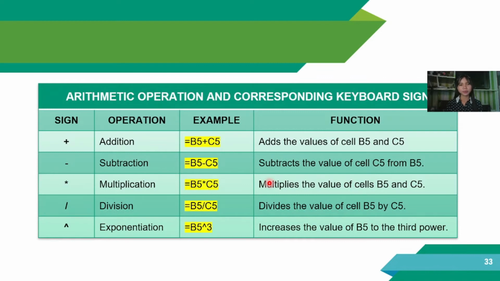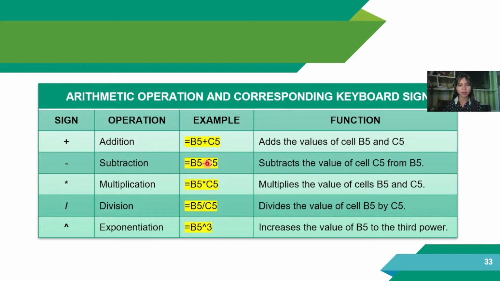The next one: arithmetic operations and corresponding keyboard signs. The first sign is the plus button, which falls under addition. Then subtraction, the asterisk for multiplication, the slash for division, and the last one is exponentiation. For example, equal sign again, do not forget the equal sign, B5 plus C5 is addition.